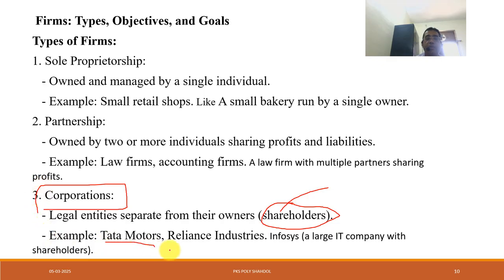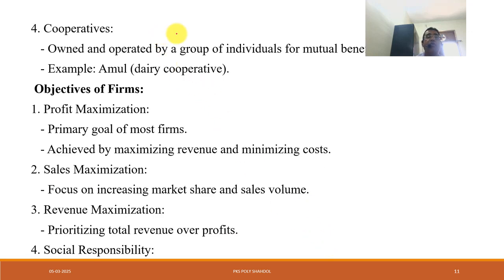Examples are Tata Motors, Reliance Industries, Infosys, and so on. And a cooperative means a specific group or individuals forming a business for mutual benefit. It is the cooperatives.